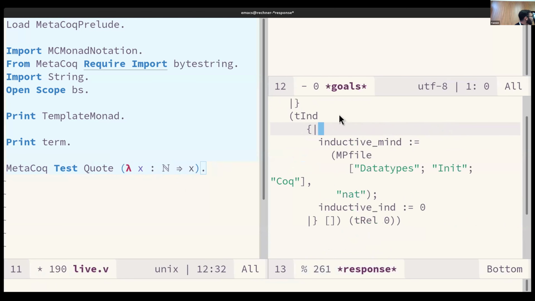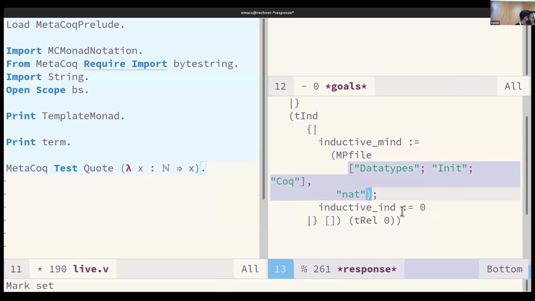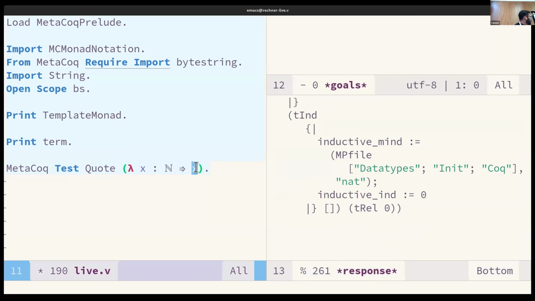And then it takes as the type an inductive type that is saved in a global context under this way. And it's the 0th inductive type in this mutual inductive block, because actually natural numbers are not interestingly mutual inductive. And then it's just going to be the 0th de Bruijn index. So the first thing that's returned.